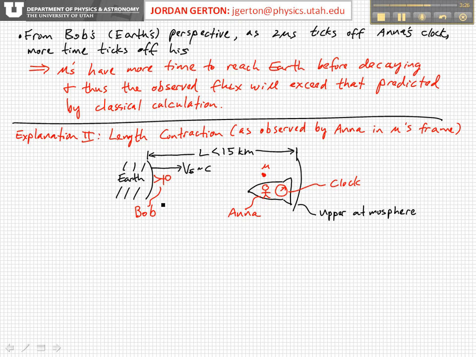So we know now that according to length contraction, the Earth and the Earth's atmosphere are basically moving through Anna's rest frame, and so, as a consequence of length contraction that we described, this distance, the thickness of the atmosphere, is going to be smaller according to Anna, as the atmosphere moves through Anna's rest frame.